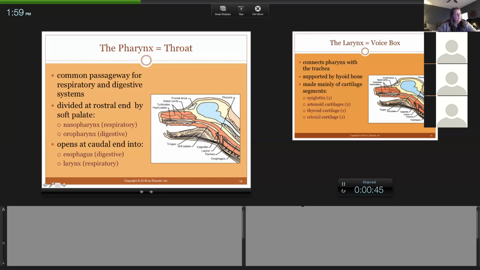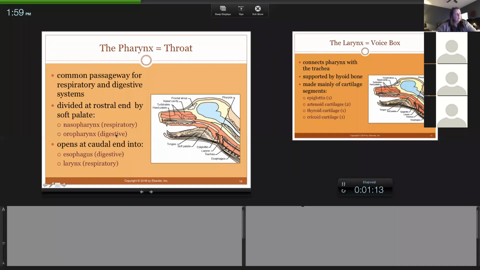Now, it is divided by the soft palate. If we go to the back of the throat, the soft palate separates what's called the nasopharynx from the oropharynx. Naso, pertaining to nasal, is the nasal portion of the pharynx, because if you go to the back of the sinuses and then back here, it opens to the back of the throat.